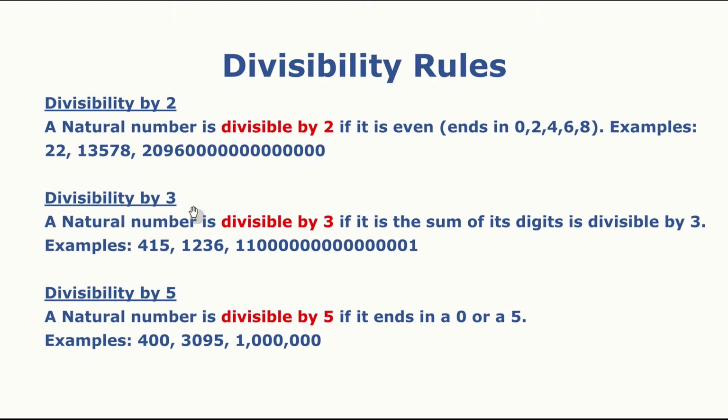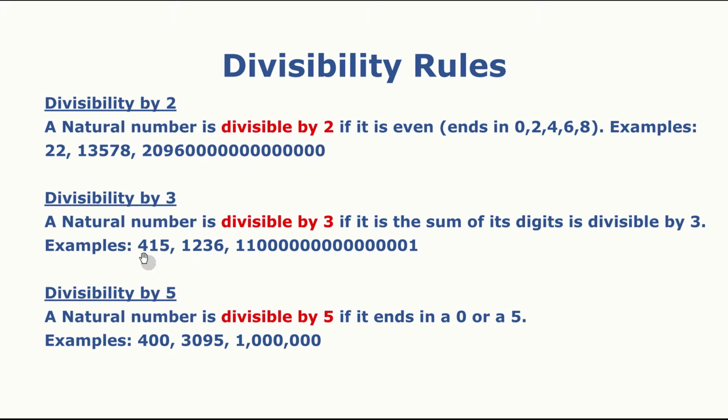The divisibility rule by 3 is not as simple as that, but it's not that complicated either. What you need to do to find out if a number is divisible by 3 is add all the digits. Okay, so like 4 plus 1 plus 5, 1 plus 2 plus 3 plus 6, etc. So if we look at these, let's determine which ones are and are not divisible by 3.